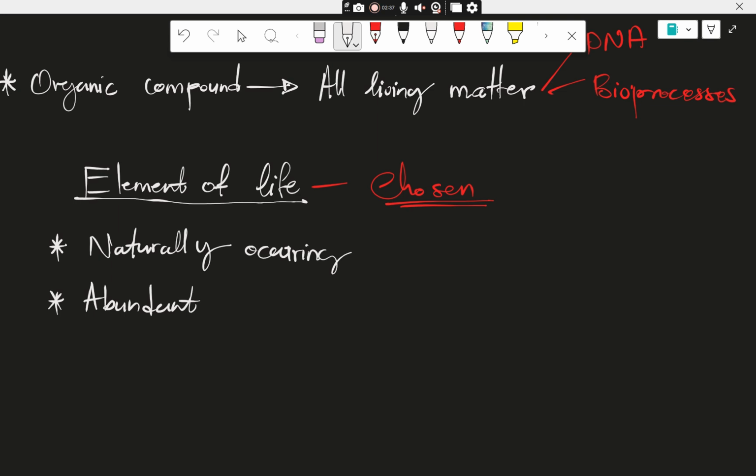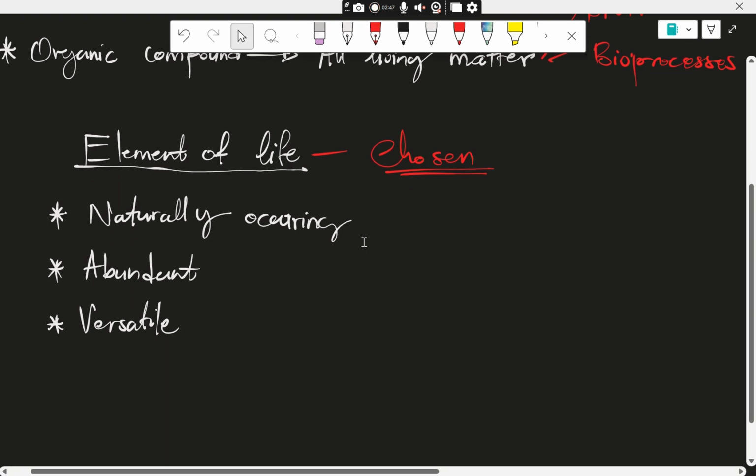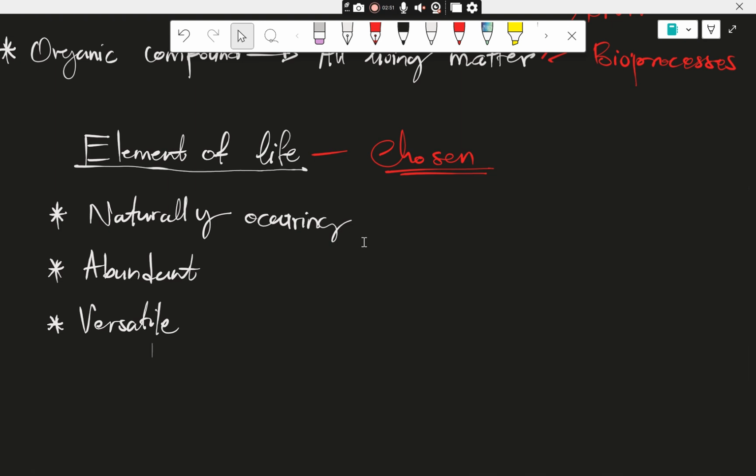It's naturally occurring, it's abundant, and it's versatile, right? There are other reasons, but let's not dive too much into that, because we're not trying to study carbon, but rather organic chemistry, which is the process which carbon is part of, right?